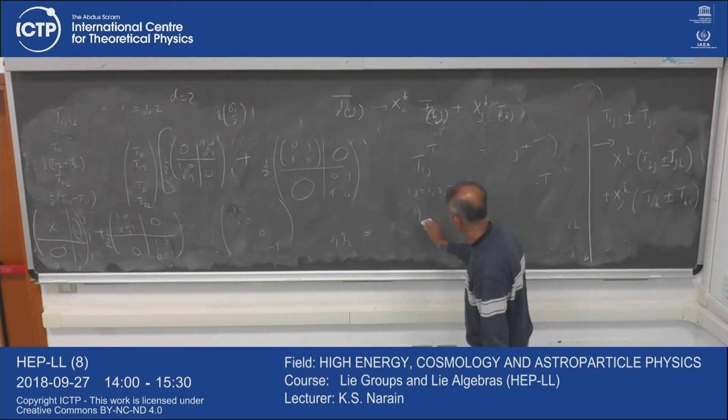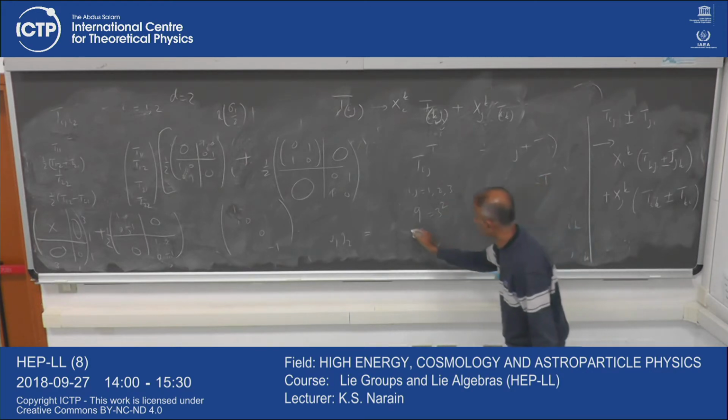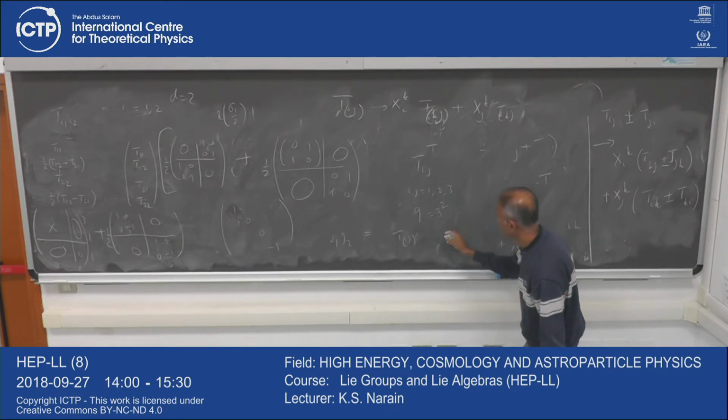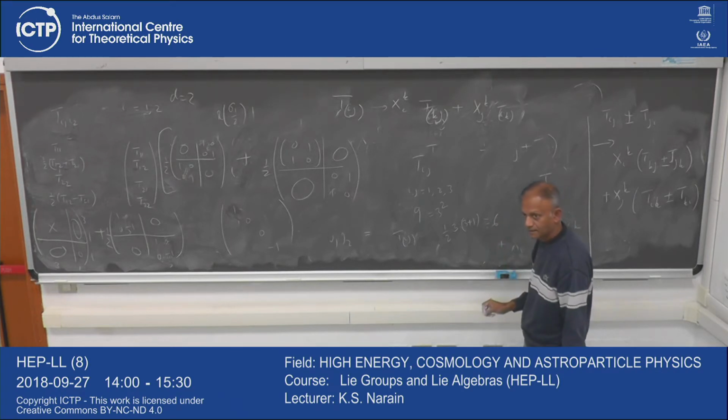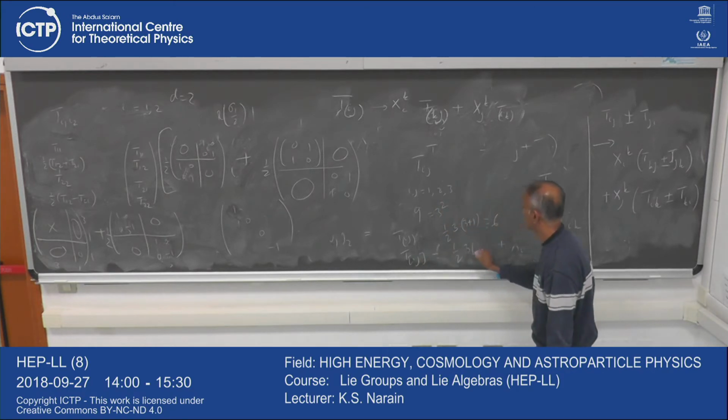But if you look at the symmetric ones, the Tij components, there are half times 3 times 3 plus 1, which is 6. Whereas the antisymmetric ones, ij, give half times 3 times 3 minus 1, which is 3.